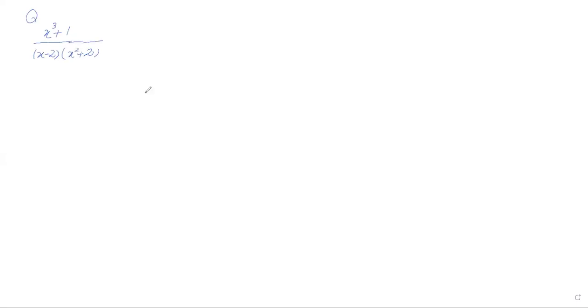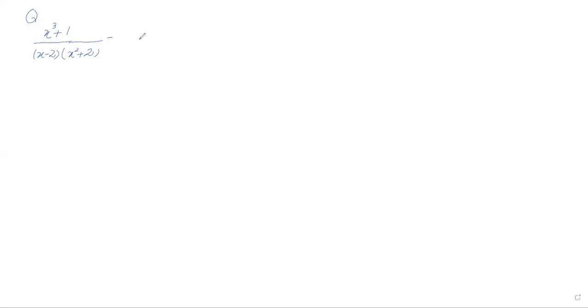Before starting the solution, you have to observe which type of question this is. The highest power of the numerator is 3. After expanding the brackets, the highest power of the denominator is also 3. So it is very easy to understand. That is a type 4 question.